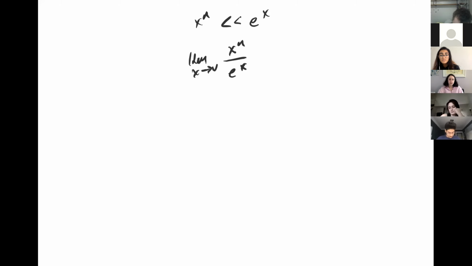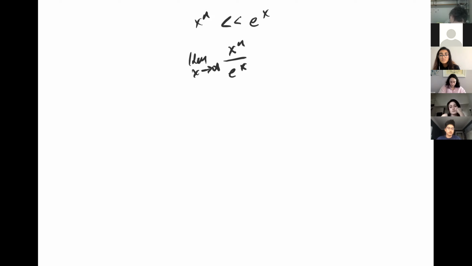So we want to show that x to the n grows more slowly than e to the x. One way to do this is by computing the limit of x to the n over e to the x as x goes to infinity. And so then we just do L'Hopital's rule, okay?